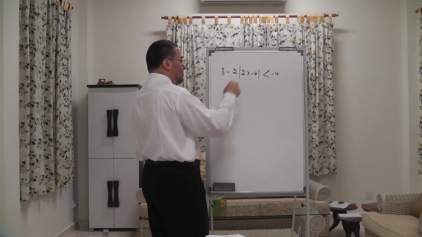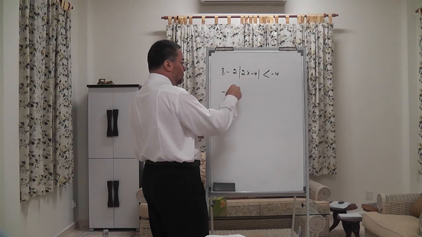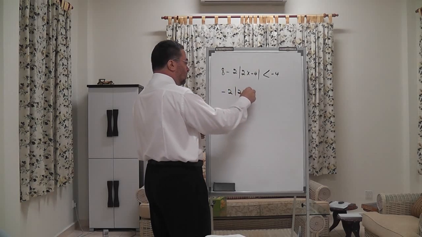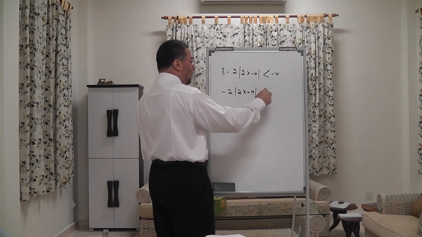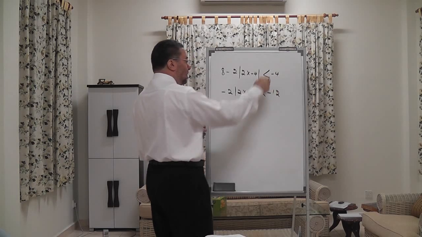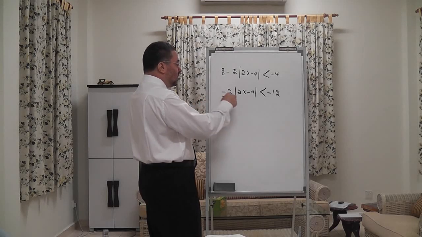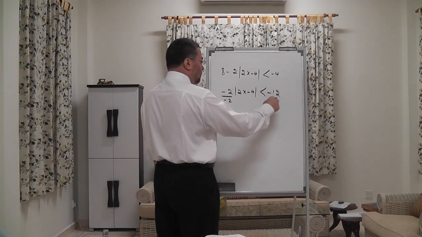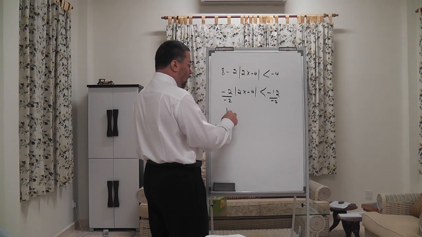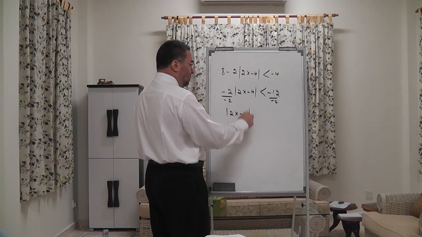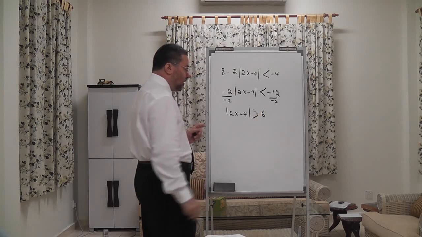We take the 8 to the other side. Is less than minus 12. And now we divide by minus 2. And we get absolute 2x minus 4 more than 6.